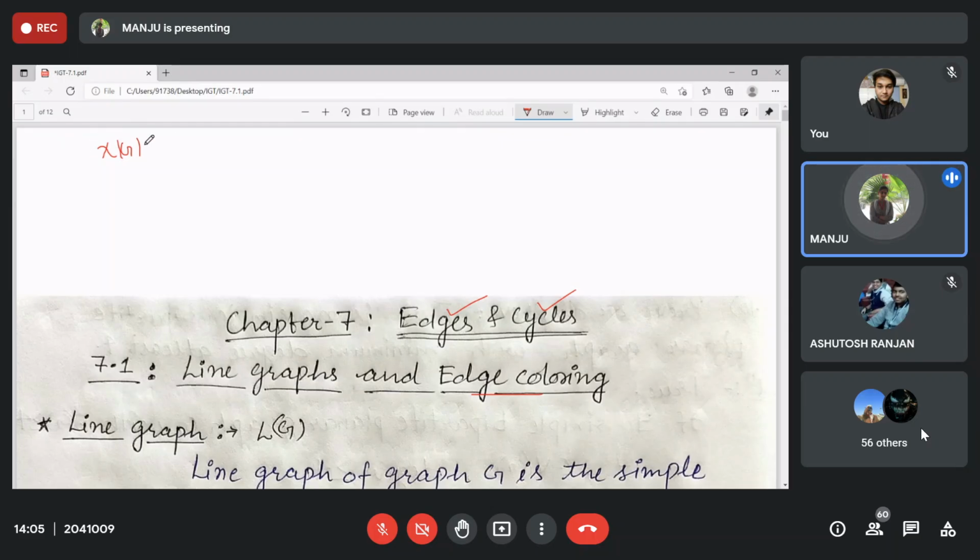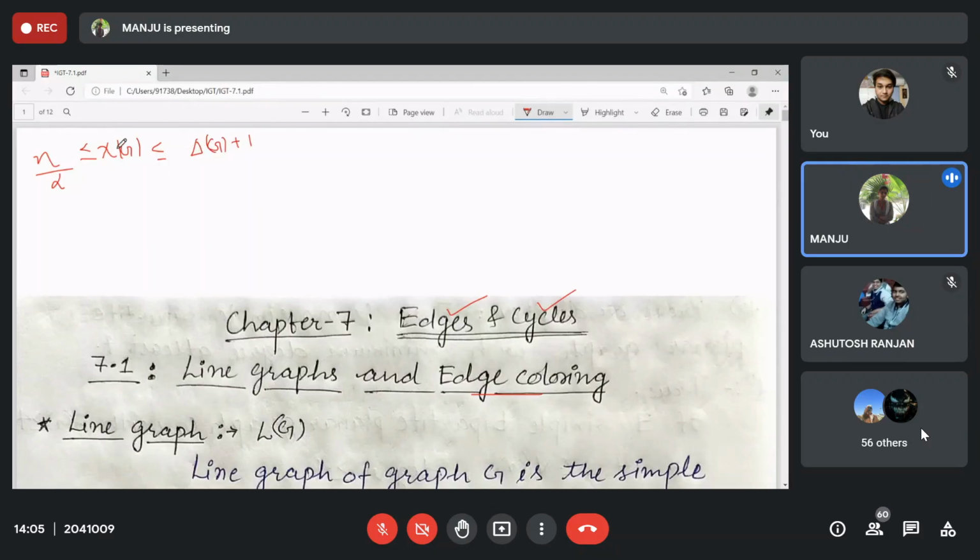And for any graph, we discuss its lower bound and upper bound. One of the upper bounds was delta G plus 1, right? And one lower bound was n of G by alpha of G, where n is the number of vertices, alpha of G is the independence number of the graph, and capital delta G is the maximum degree.